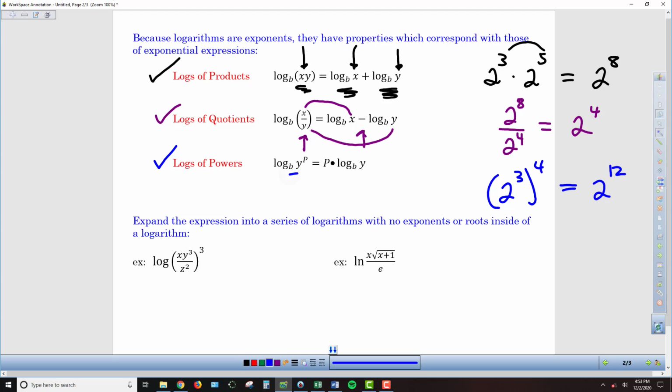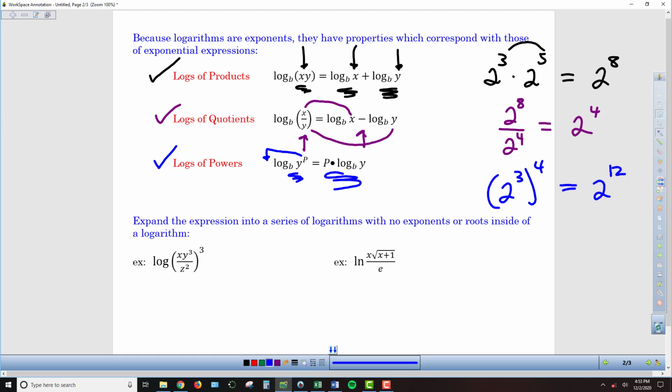If we're taking the log of something that has an exponent on the inside, so in this case log base b of y to some exponent p, what we can effectively do is take that exponent and bring it to the front and multiply our logarithm. So the exponent translates into multiplication. So we end up with this p times the log base b of y.